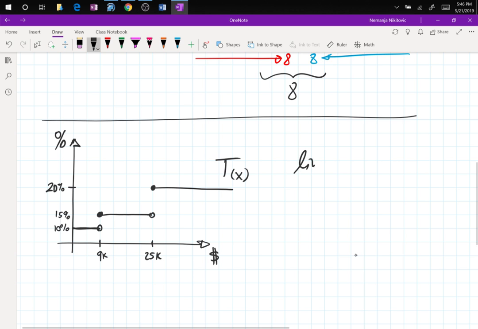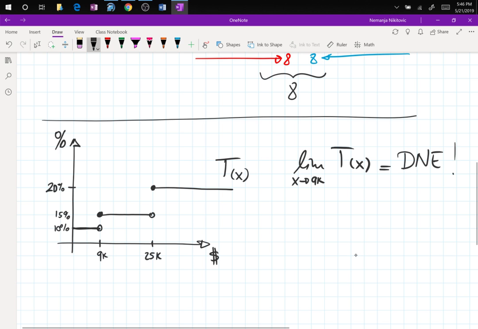So what is the limit as x approaches 9k of the tax function? Well, the answer will be does not exist.